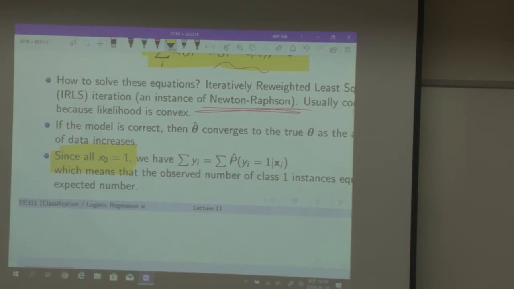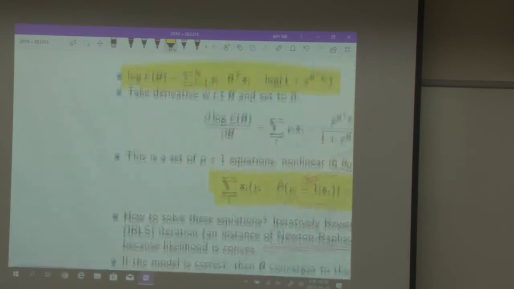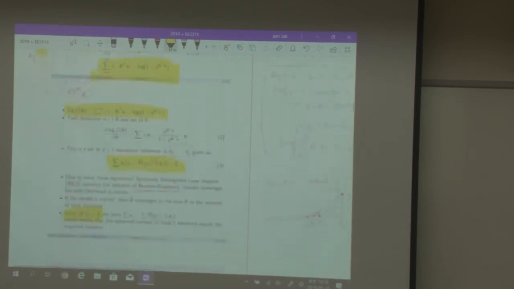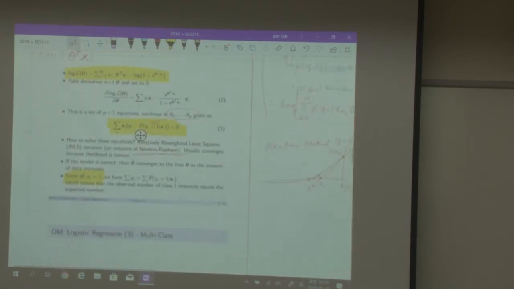And it turns out also very important is that in the formulation that we've used, the first element, or x0, was 1, right? Remember, I put a 1 right here. Everyone remembers that, right? And you know why I did that?